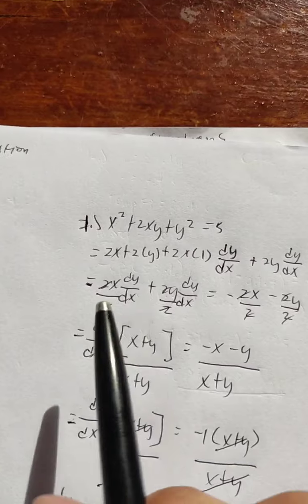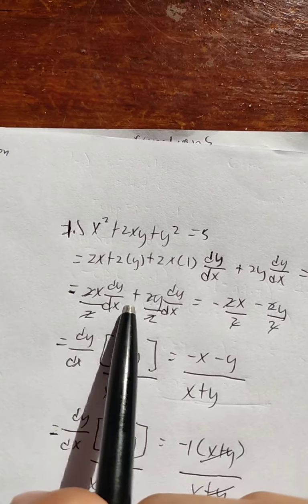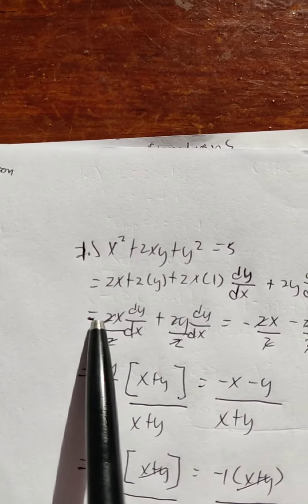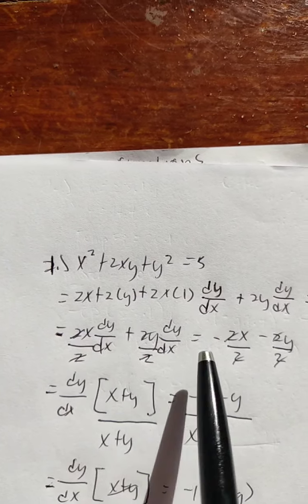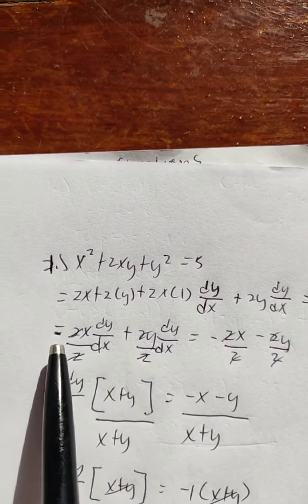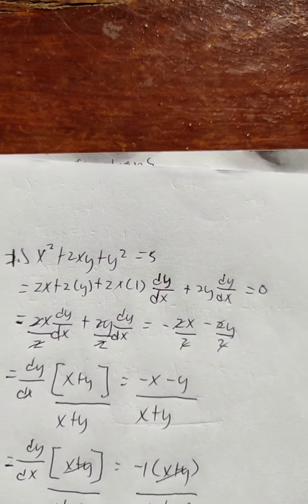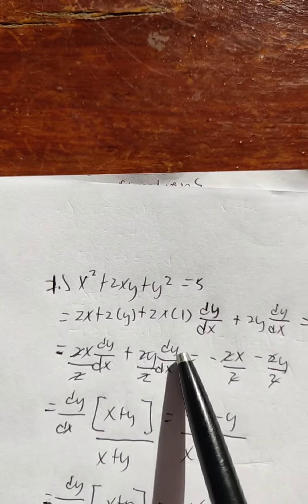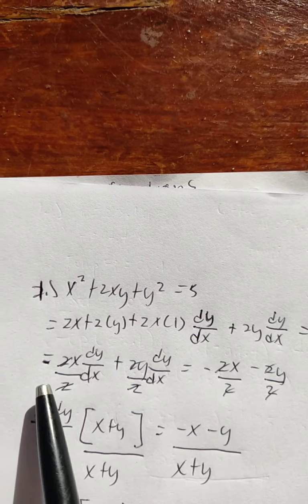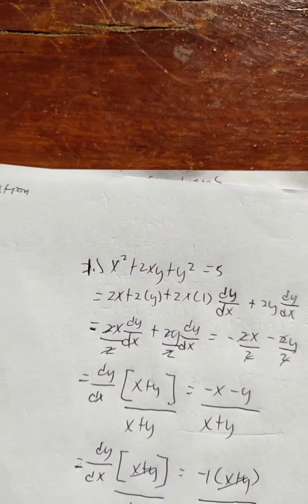Here we can see that we can divide all the terms by 2. So we're gonna cancel all of the 2's because we divide them by themselves.